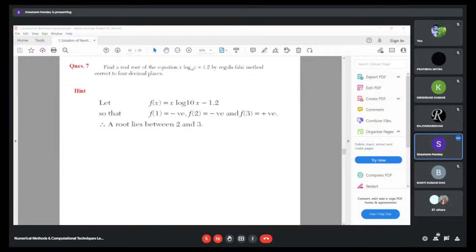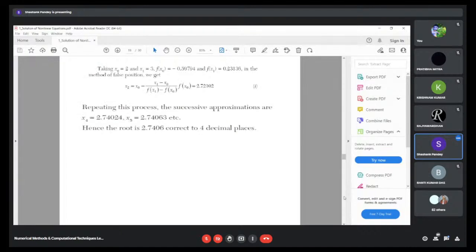More answers from you people. Okay, so many of you are giving this answer, 2.7007, up to the fourth decimal place. Let us see the solution for this.